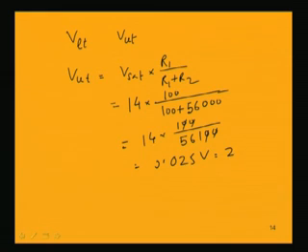it will be almost equal to 0.025 volt. That means 25 millivolt is the upper threshold voltage, and lower threshold voltage will be opposite in polarity, but the magnitude is the same. That can be verified. What is the lower threshold voltage?